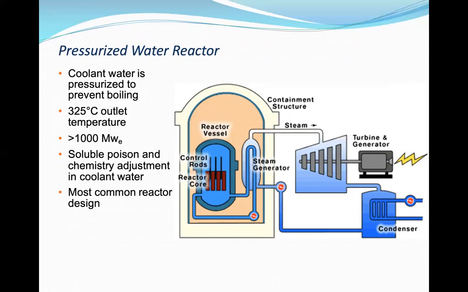In this reactor, the temperature will be maintained at 325 degrees Celsius outlet temperature, and greater than 100,000 megawatts is produced here. The main thing is soluble poison and chemistry adjustment in the coolant water. This is the simplest, most commonly used design.